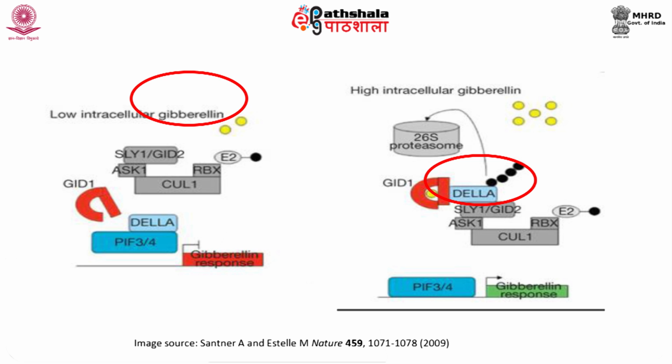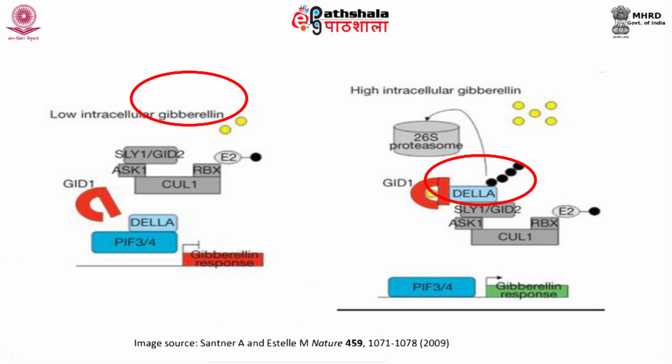This changes the conformation of DELLA proteins, and the GA-GID1-DELLA complex is loaded onto the ubiquitin E3 ligase having GID2 as the F-box protein. The E3 ligase then ubiquitinates the DELLA protein and marks it for proteasome mediated degradation. The freed transcription factors PIF3 and 4 are now able to bind to the promoters of GA response genes and bring about their transcription.